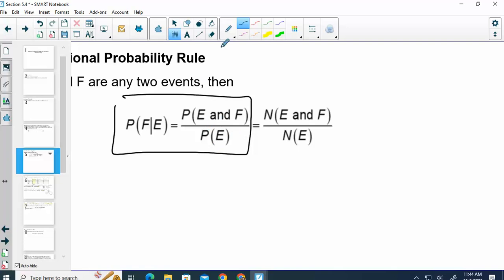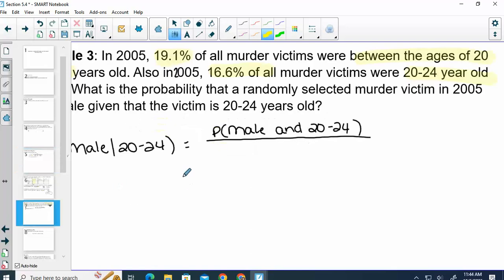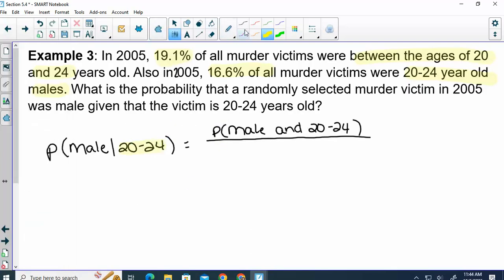E. And E was my condition, which in this case was 20 to 24. So divided by the probability they were 20 to 24.